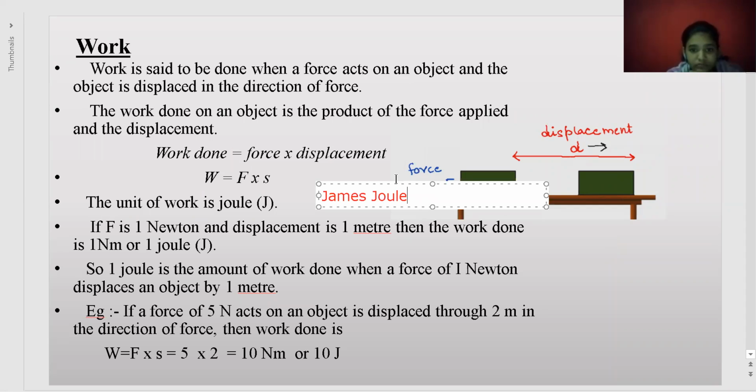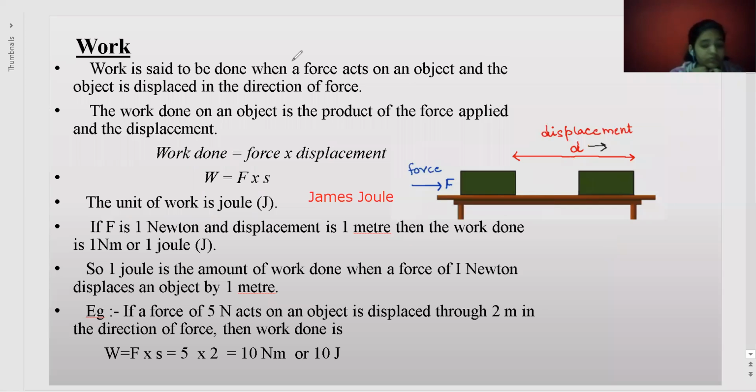He was a British physicist who has done a lot of work in thermodynamics and even in physics in this field for force and related terms. So this is the SI unit of work done, and you should note that it should be capital J. Small j nahi likhna hai, it should be capital J.